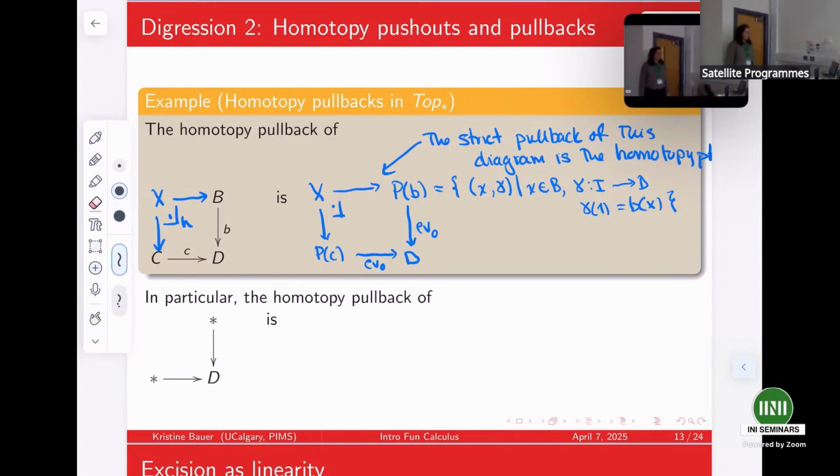Okay, so great. So this is the homotopy pullback.